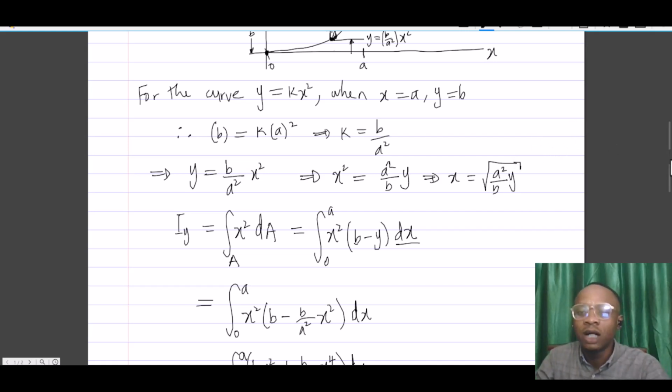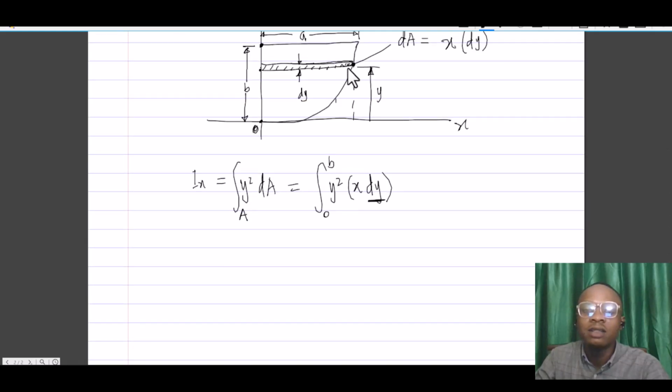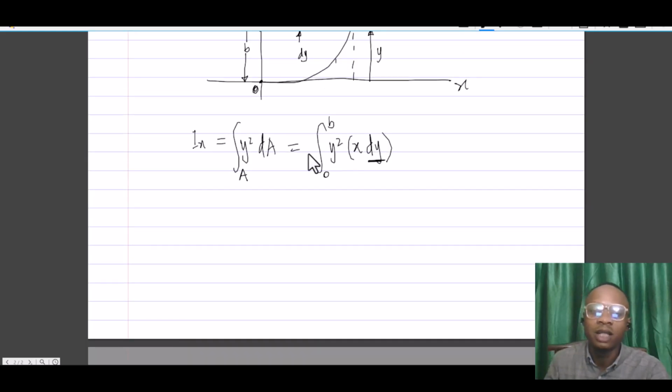So we can now use that expression here. We know that this y coordinate is the y coordinate on this curve, and how this curve relates to the y coordinate at any point is by that equation up there. So we can just bring that here to simplify this. This is going to give us the integral from 0 to b of y squared, which is not a problem, times x.